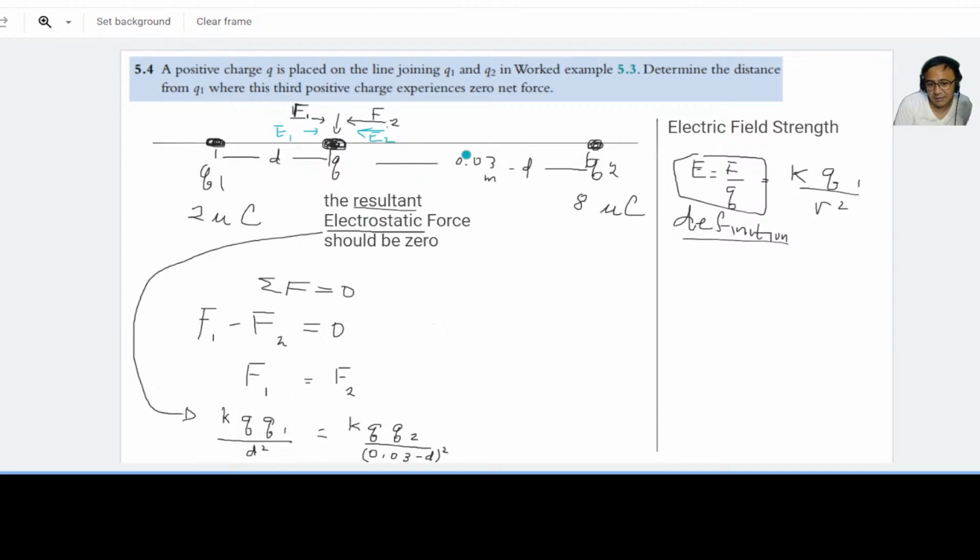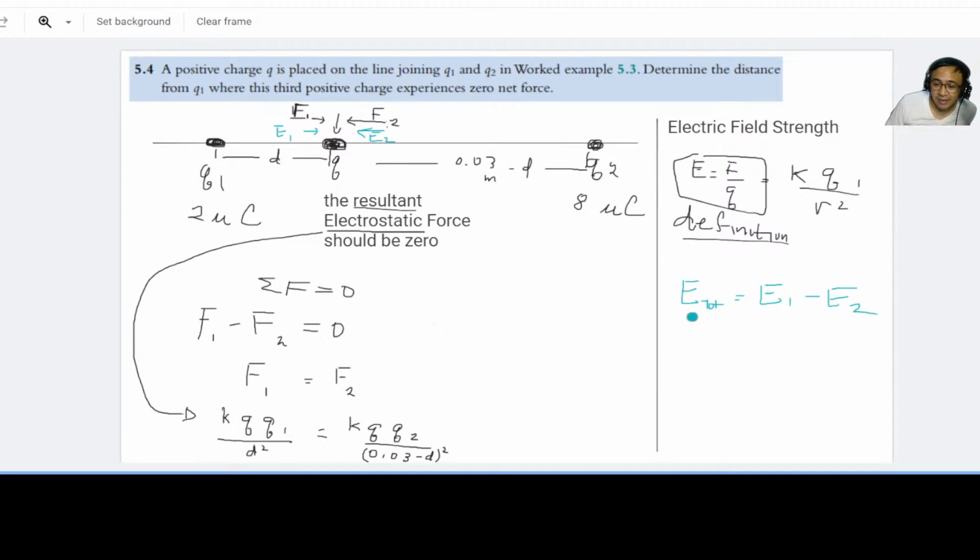I don't get that. All right, so the idea here is that these two electric fields are equal, and since they're in opposite directions, the overall effect is zero, right? The total electric field would be equal to E1 minus E2.